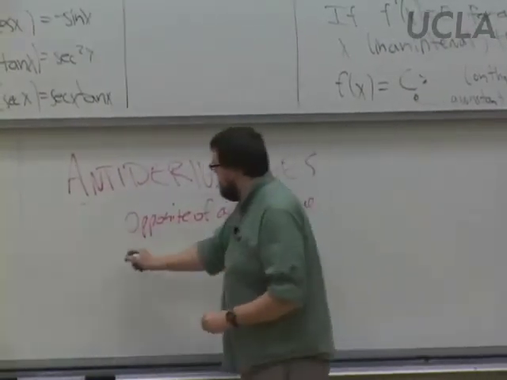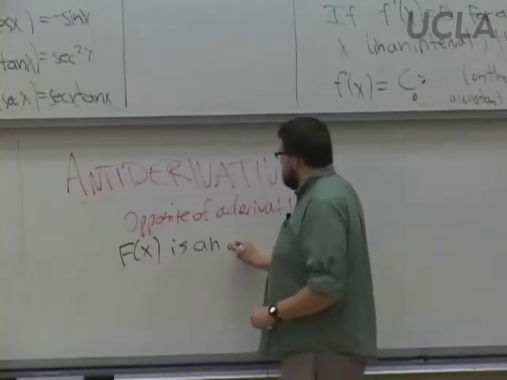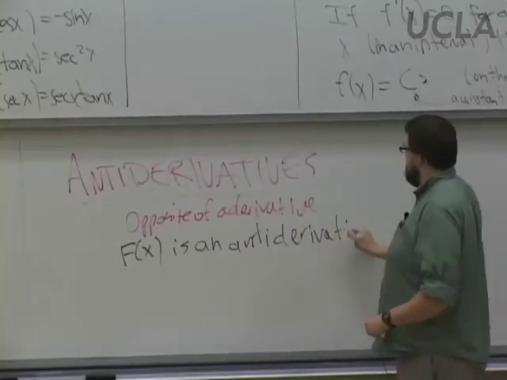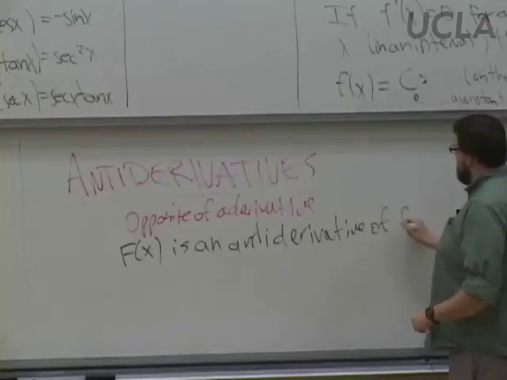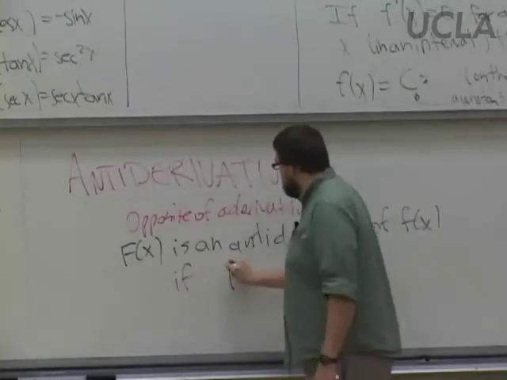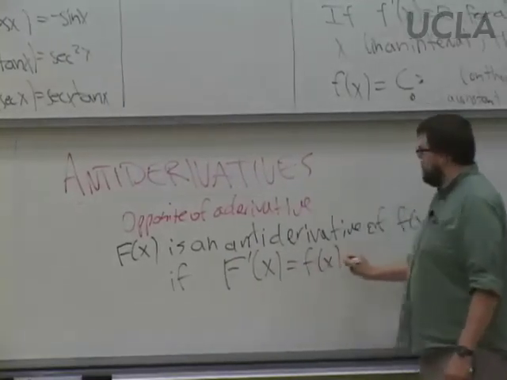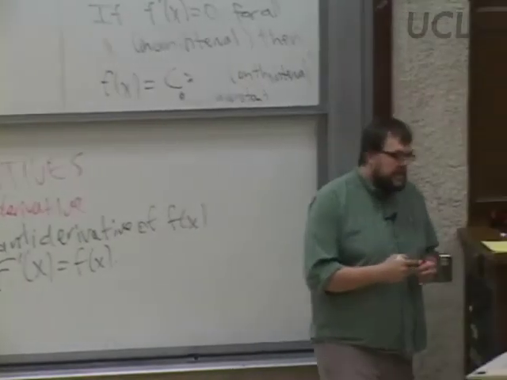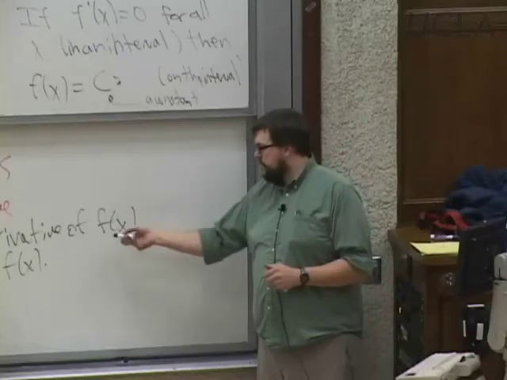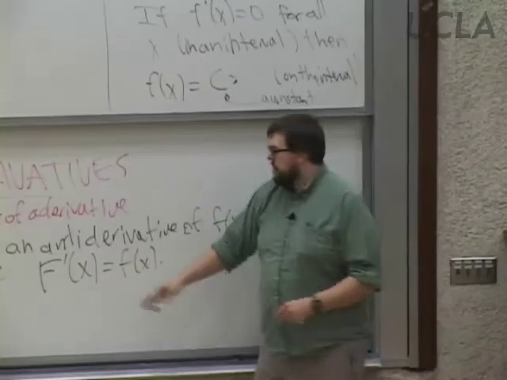So we say capital F of x is an antiderivative of little f of x if, when I take the derivative of the capital F, I get little f. We're looking for the function whose derivative is the function we're given. We're given little f of x, and we're looking for capital F of x so that this is true.